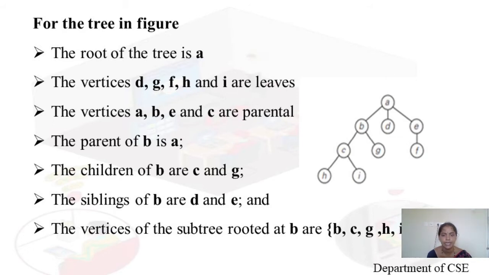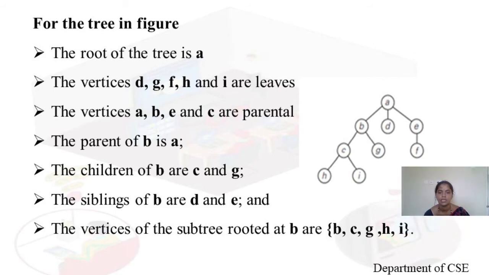The vertices of the subtree rooted at B are as follows.